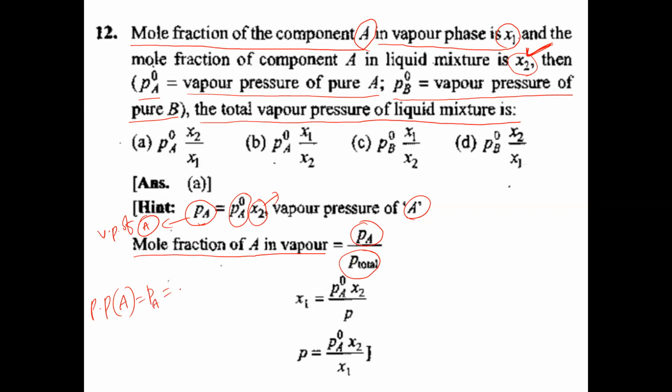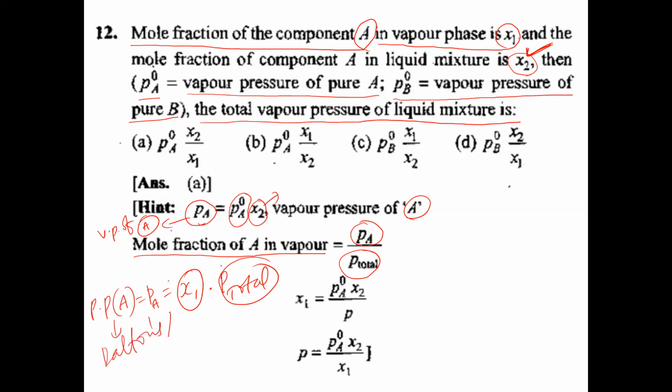Mole fraction in vapor phase is X1, so X1 into total pressure, P total, is equal to the partial pressure of A. That is called Dalton's law.